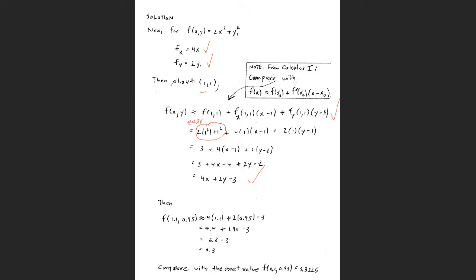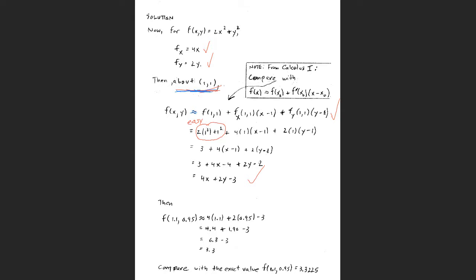And so we end up getting 4x plus 2y minus 3 in our answer here. So our function about the point 1, 1, and let me emphasize that, about the point 1, 1, our function is approximately equal to 4x plus 2y minus 3.